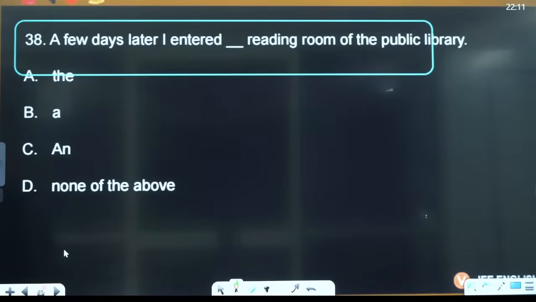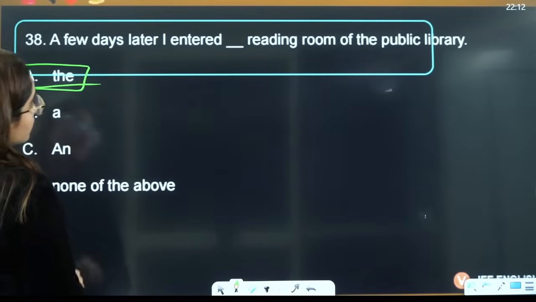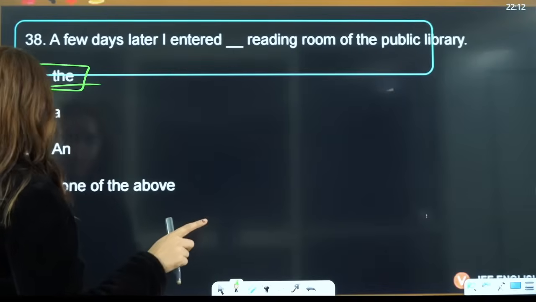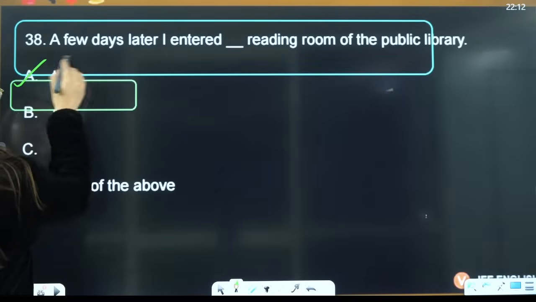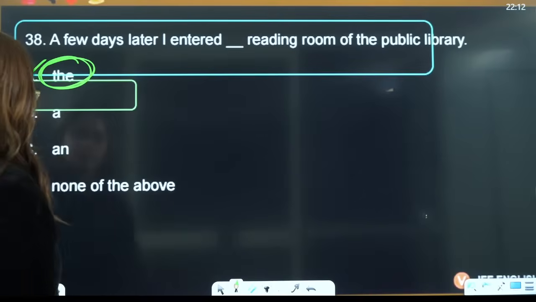Reading room of the, it will be the. Sorry, a few days later I entered the reading room of public library. It should be the. Okay. Then what next? Oh, not able to write anything here.